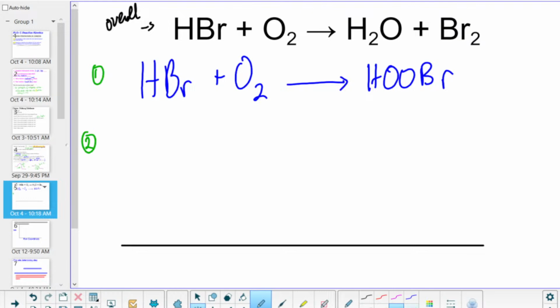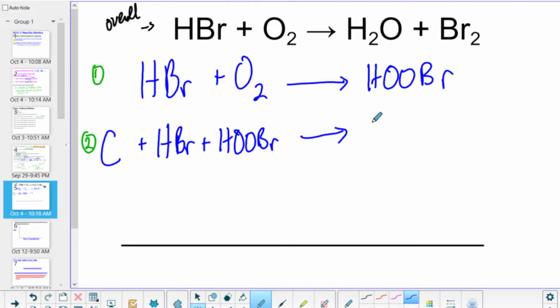Second reaction, C plus HBr plus HOOBr makes 2 HOBr.